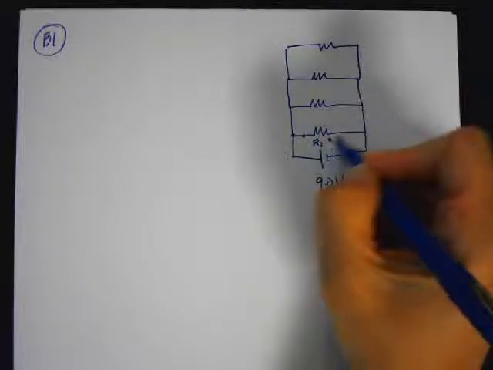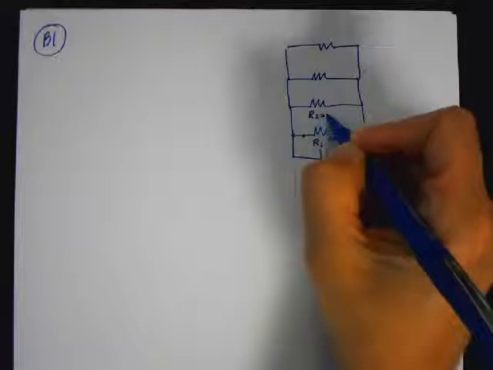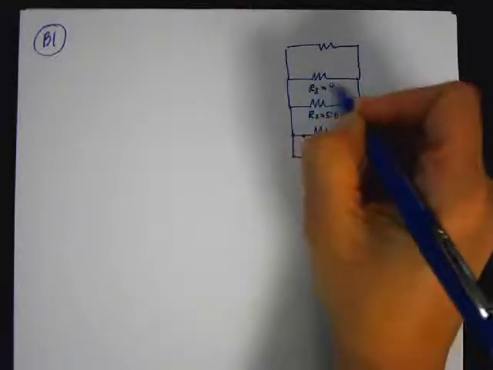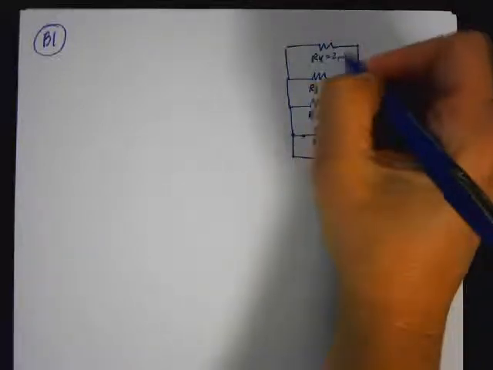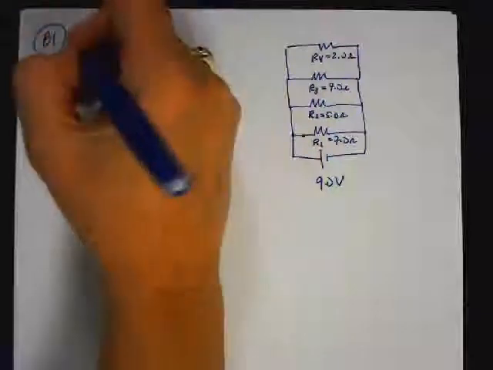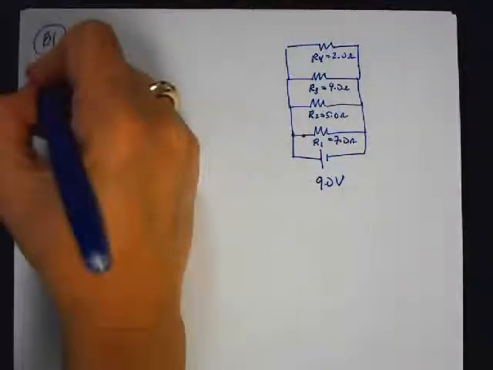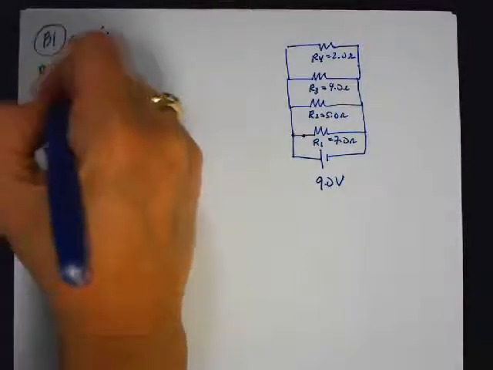So I'll call this one R1 is 7 ohms, R2 is equal to 5 ohms, R3 is equal to 4 ohms, and R4 is equal to 2 ohms. And I'll write my given the old-fashioned way, so again I don't get confused as far as what each of the resistances are.